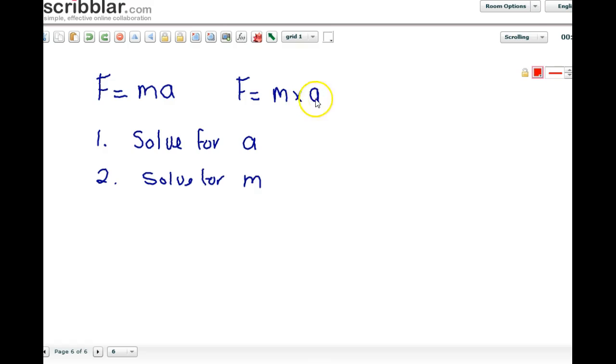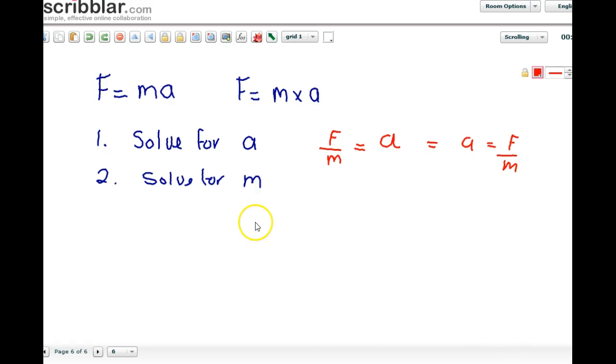So that means, because I want to keep A by itself, I need to divide both sides by M. So that leaves us with F over M is equal to, well, I'm going to miss out the M over M because I know it's there and it's just 1, is equal to A. So that tells us that A is equal to F over M.